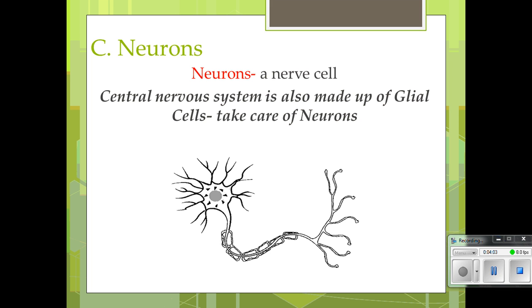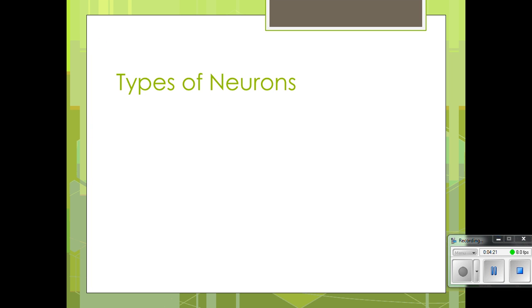The central nervous system, which is composed of all neurons in the brain, is also made up of glial cells. And these are the cells that also work with the neurons to help take care of them. So you may see that word come across. They're also cells. So there's different types of neurons that you do need to know.